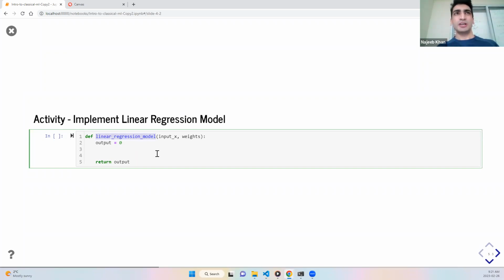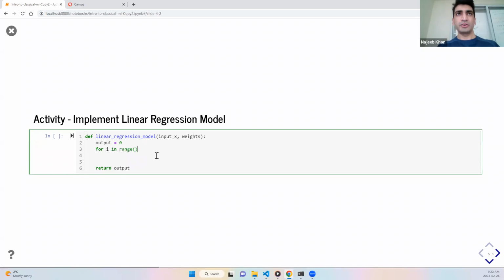So here is a function, linear regression model. It receives an input x and some weights, and we need to compute the output. So output is basically the y variable that we defined previously. We will loop over the input dimensions, so here is the i from 0 to the length of the input.